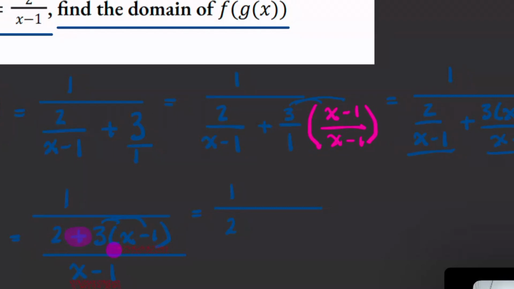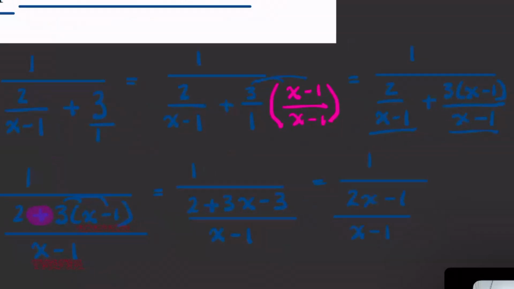So you cannot eliminate this x minus 1 with this. So that's 2 plus 3x minus 3 all over x minus 1. Combine like terms. 2 minus 3 gives you 3x minus 1 over x minus 1.